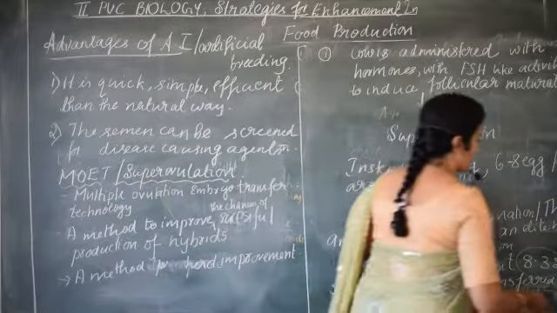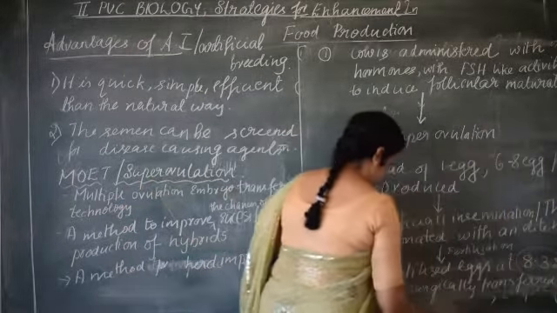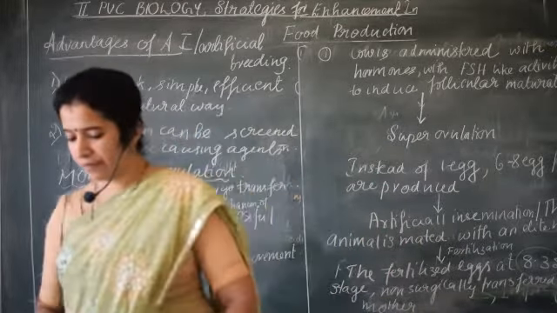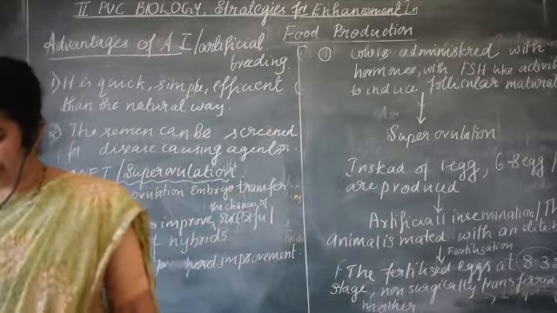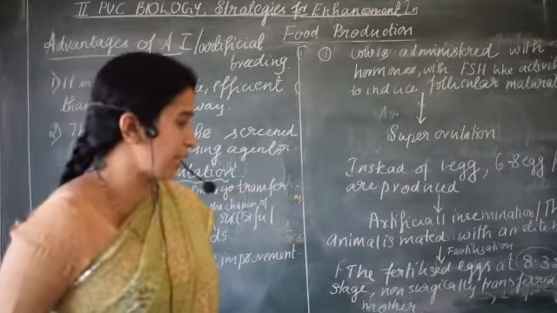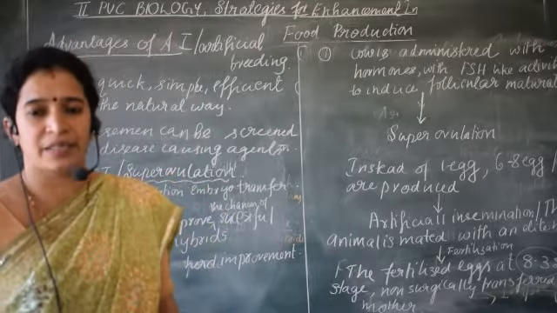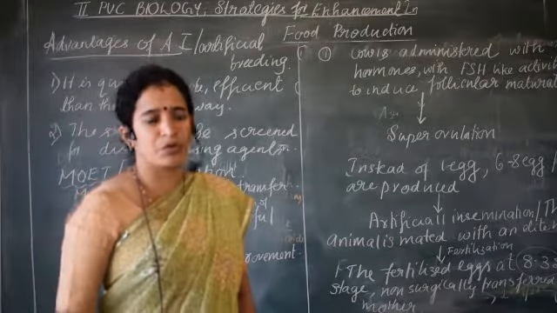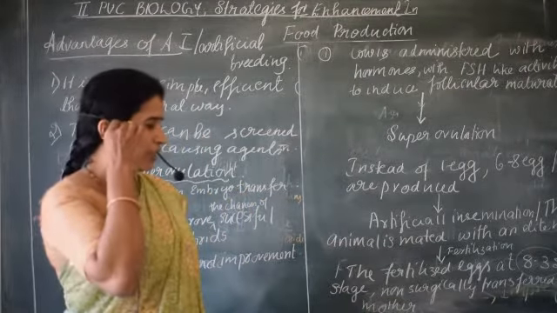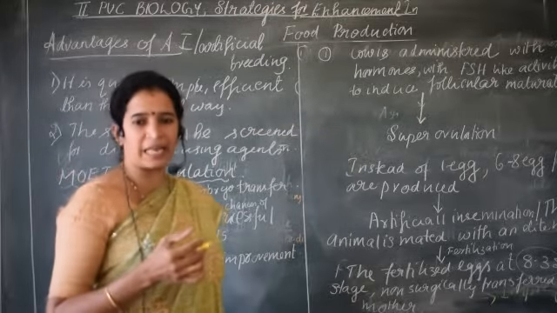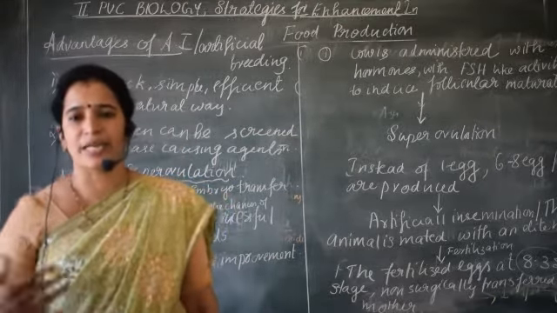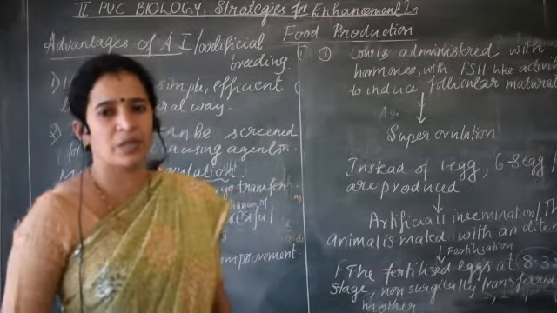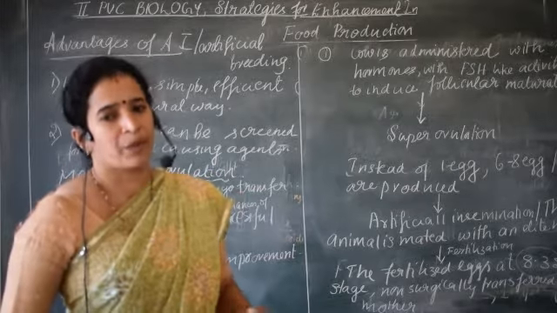Then it is transferred to the surrogate mother. So here there are two mothers, one is the genetic mother, one is the surrogate mother. You might have seen this in the news channels, how people can get a child through a surrogate mother. All of this exists in human beings nowadays also.